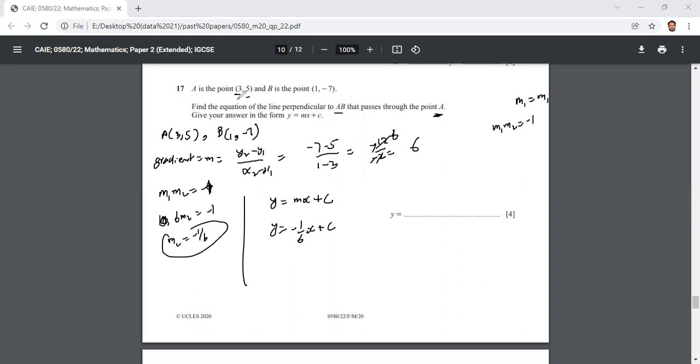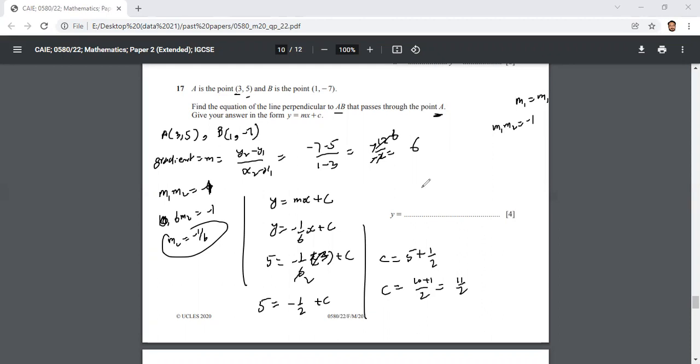It means x represents 3 and y represents 5. So 5 is equal to minus 1 over 6 times x, x is 3, plus c. We are looking for c. 3 over 6 is 1 over 2. So 5 is equal to minus 1 over 2 plus c. So c is equal to 5 plus 1 over 2. c is equal to 10 plus 1, which is 11 over 2.